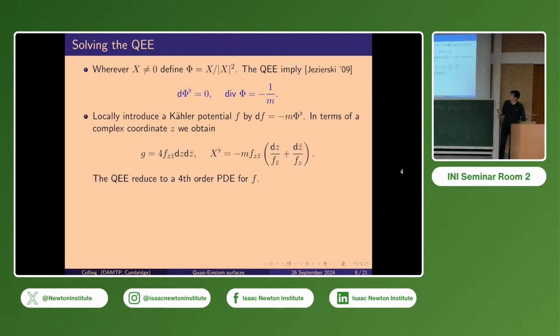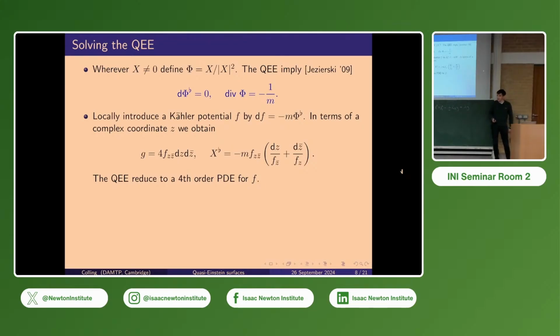And also by inverting this relation between x and phi, we can write x in terms of this function f. So we have now essentially solved 2 of the 3 Quasi-Einstein equations, and the remaining one is the trace. And so you can plug in this ansatz, and you'll find that the trace reduces to a 4th order PDE for this function f. So up until this point, everything was still general.